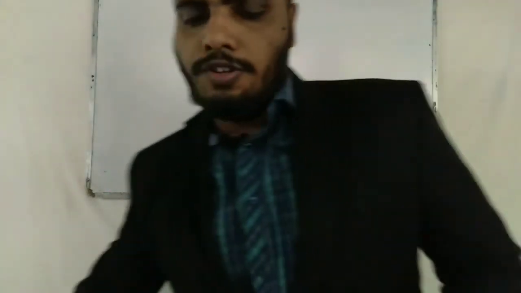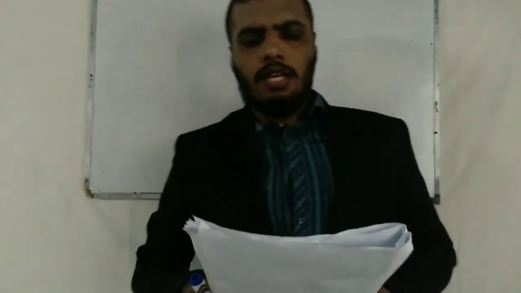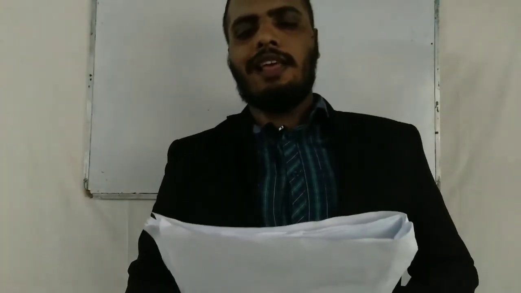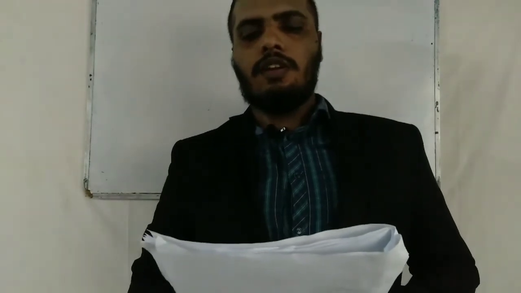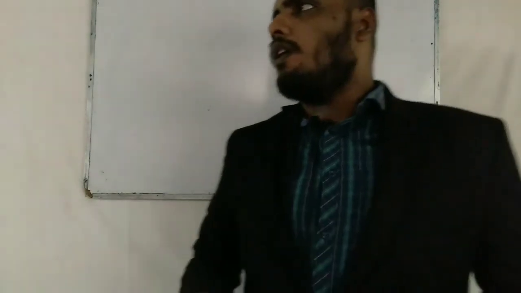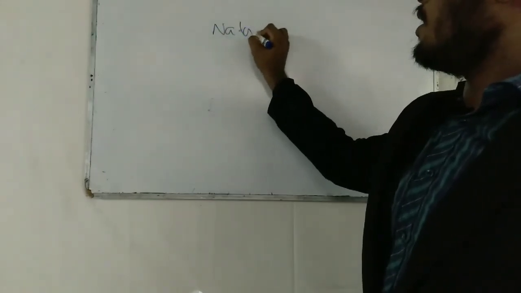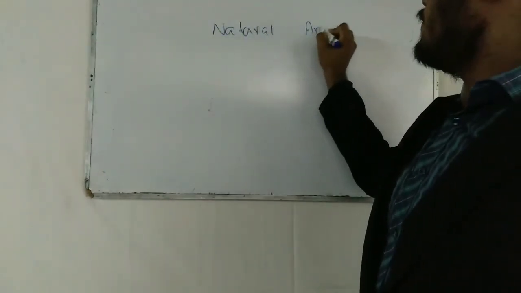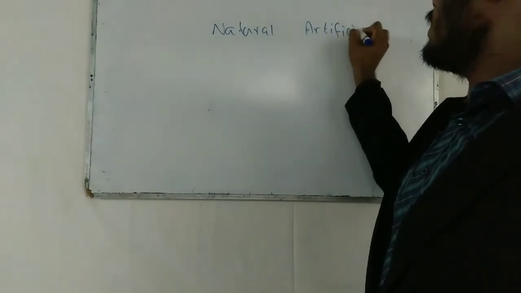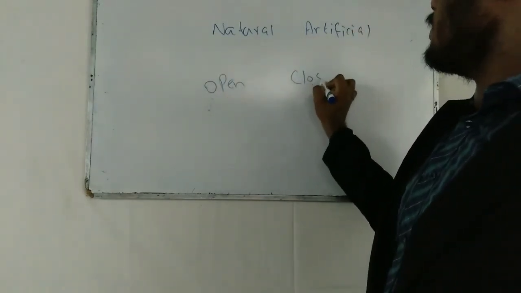So the last question for this episode is: the human blood circulatory system can be classified as a natural closed system, artificial closed system, artificial open system, natural open system, or natural artificial system. So there are terms like natural, artificial, open, closed.